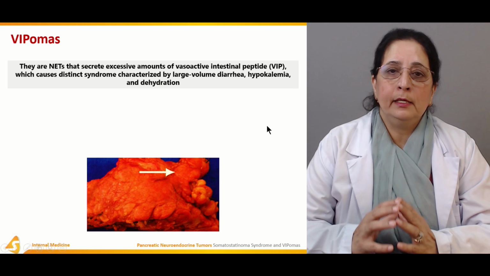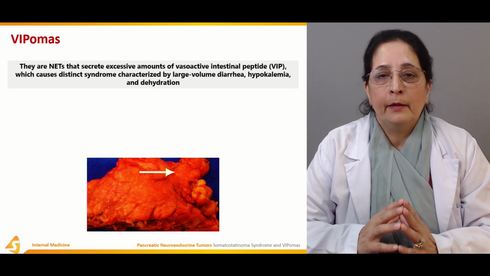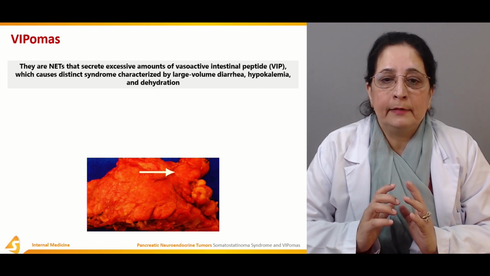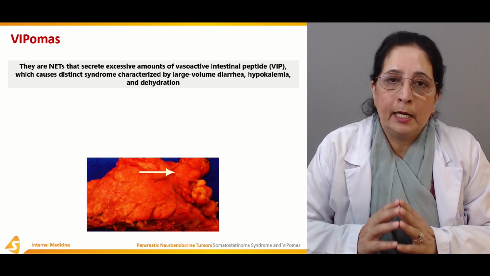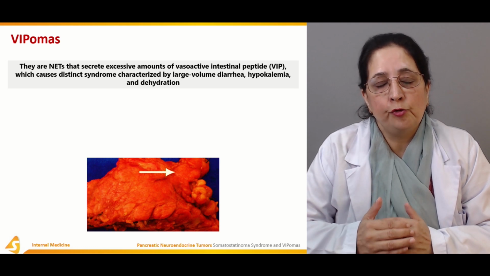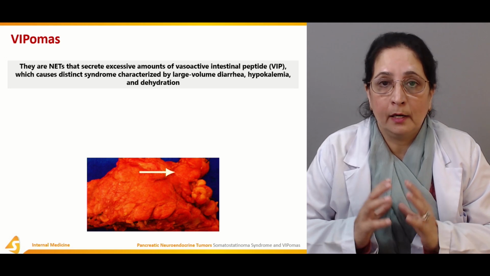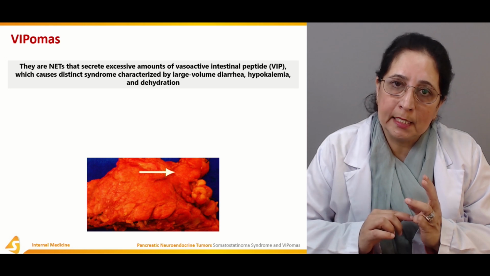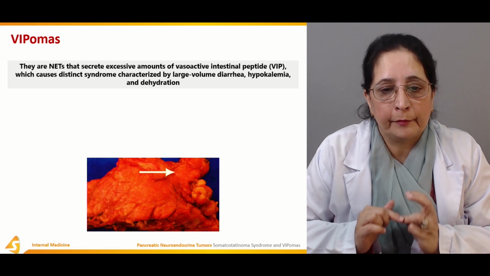So whenever there is a neuroendocrine tumor and there is an increased amount of vasoactive intestinal peptide, VIP, it is a VIPoma, and the feature associated with this syndrome is large volume diarrhea. With that diarrhea, there is hypokalemia, a decrease in the level of potassium, and there is dehydration present.